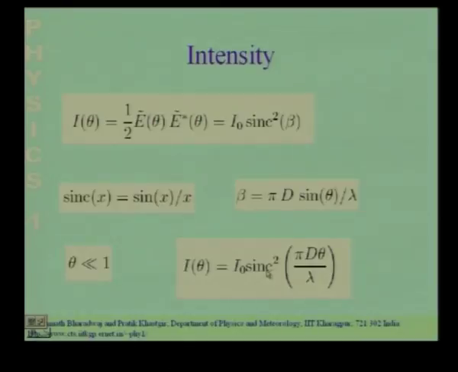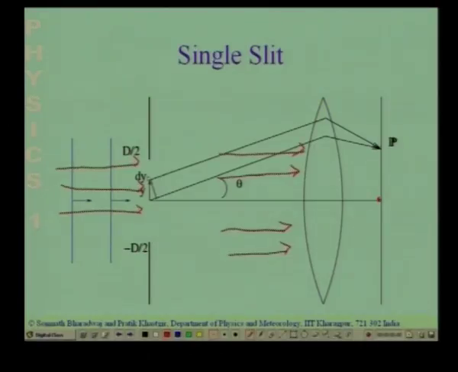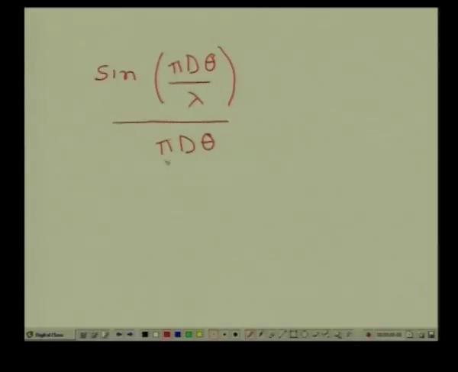So, we have to look at the value of theta for which the sinc function is 0. The function to look at is sin(pi d theta by lambda) divided by (pi d theta by lambda), and we want to see where it assumes a value 0.